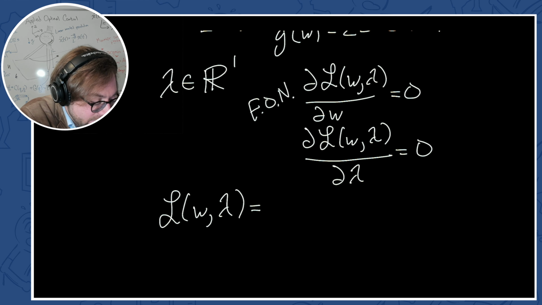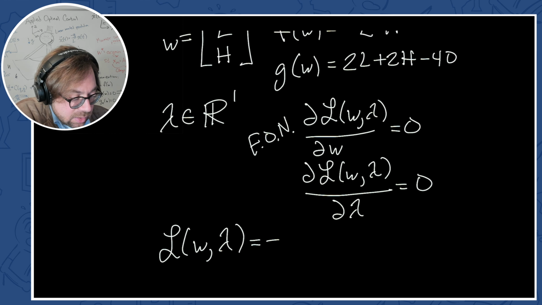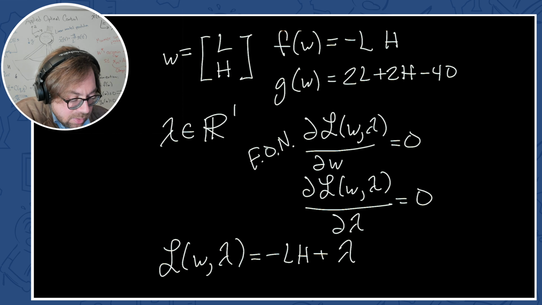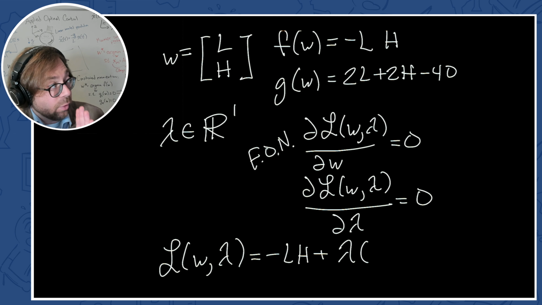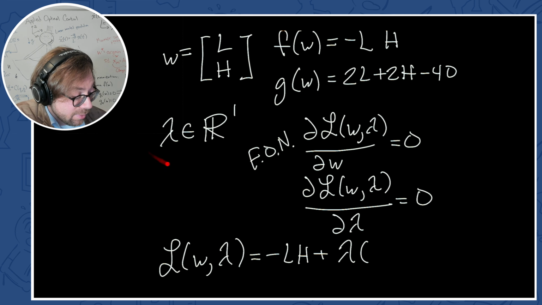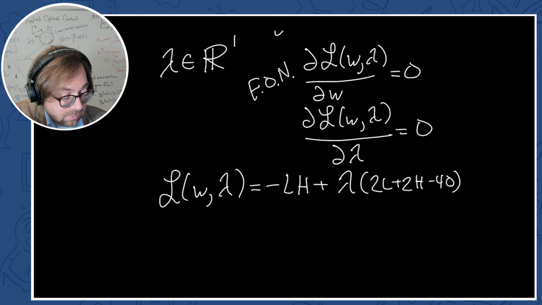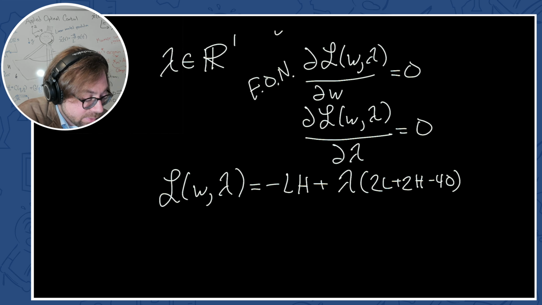So that means we're going to have minus L times H plus lambda, times 2L plus 2H minus 40. That's our Lagrangian.